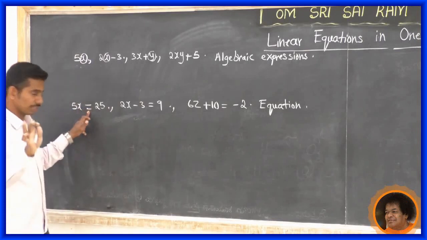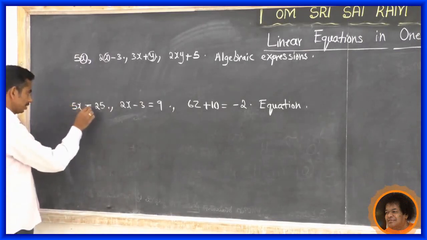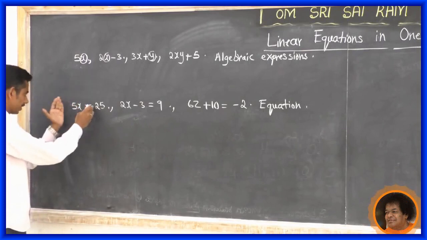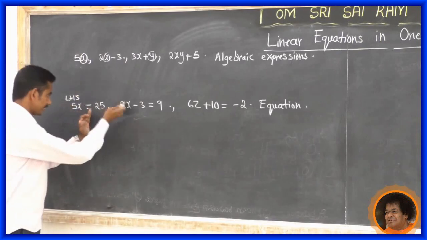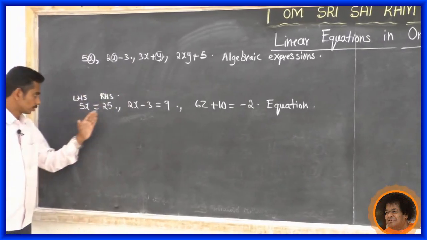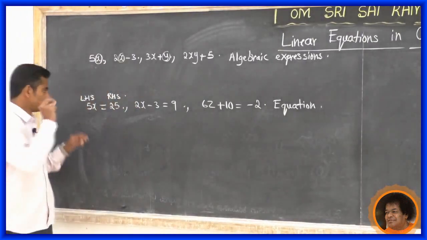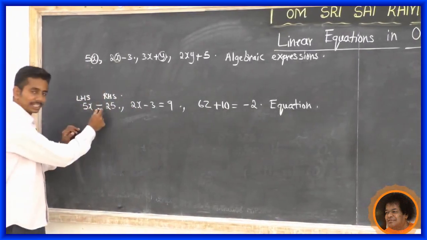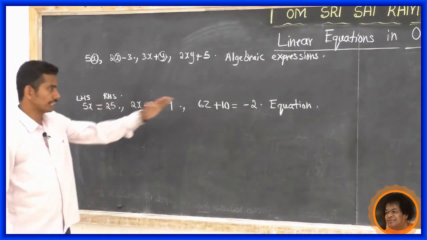In any equation, there is a left hand side, the part before the equal sign, called LHS, and the right side is called right hand side. Therefore, it is an equation. What do you mean by equation? Equation means equality of two different algebraic expressions.